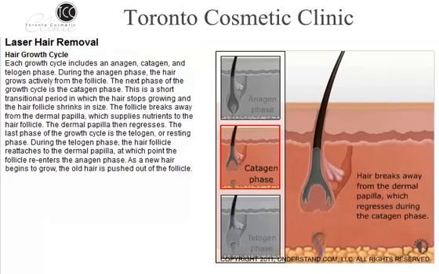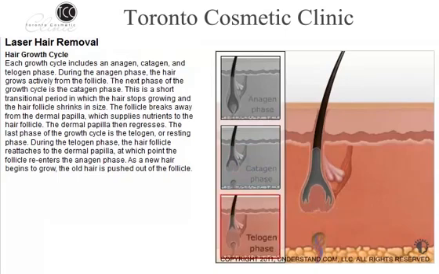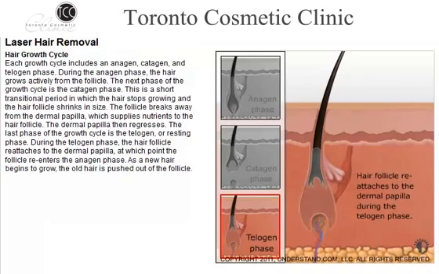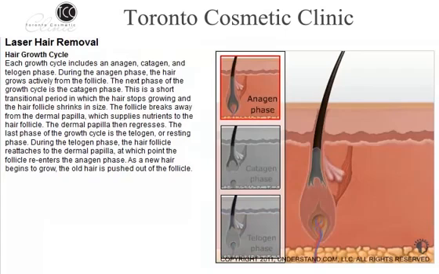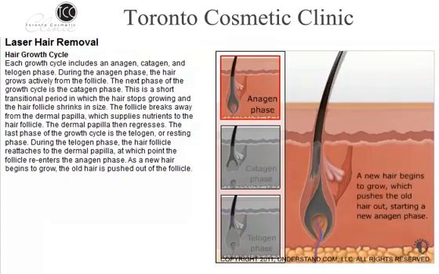The dermal papilla then regresses. The last phase of the growth cycle is the telogen or resting phase. During the telogen phase, the hair follicle reattaches to the dermal papilla, at which point the follicle re-enters the anagen phase. As a new hair begins to grow, the old hair is pushed out of the follicle.